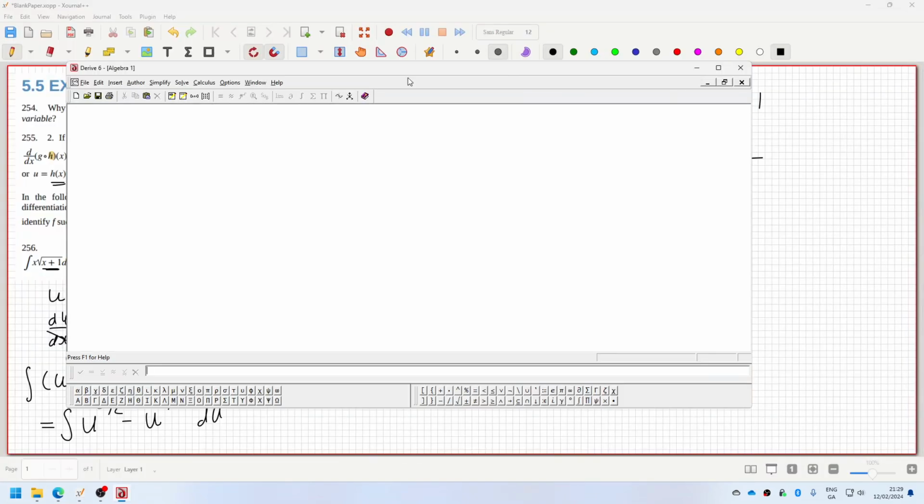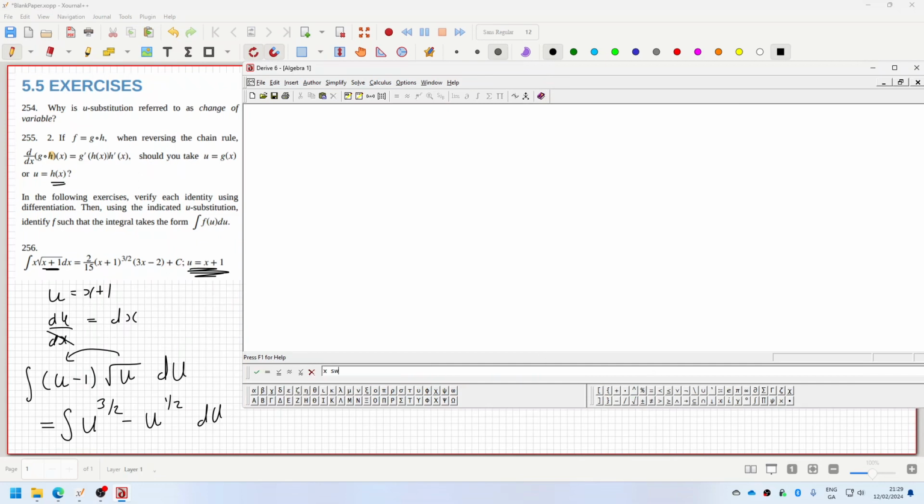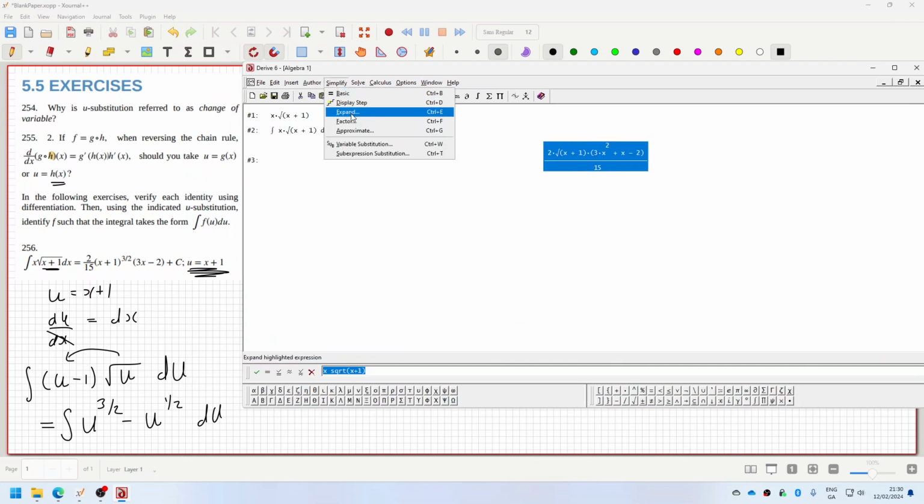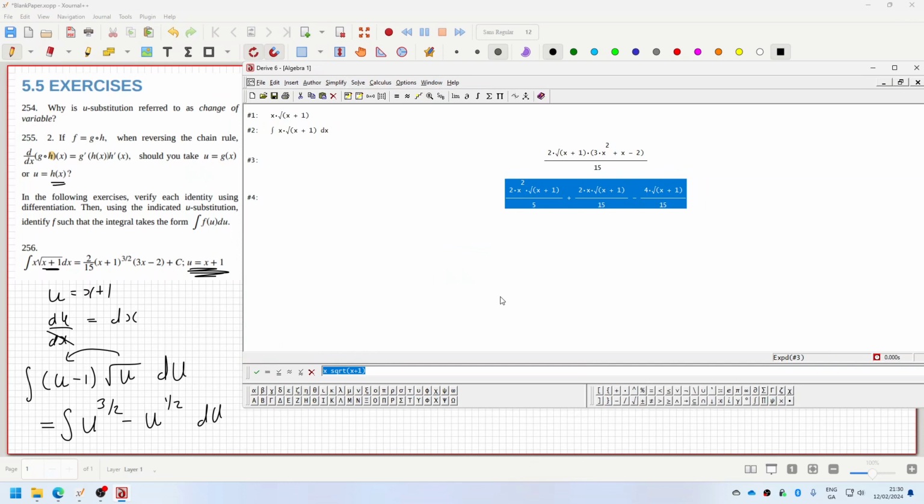Let us check. x square root x plus 1. Integrate. Yeah. So, actually, that doesn't seem to match up, because when you integrate x root x plus 1, it has an x squared as a coefficient in the answer.